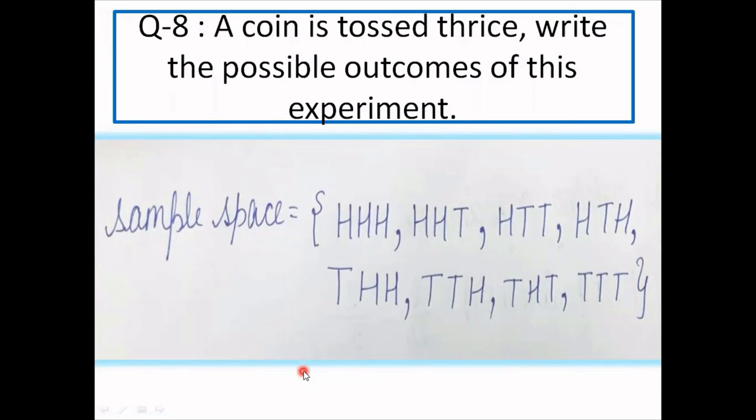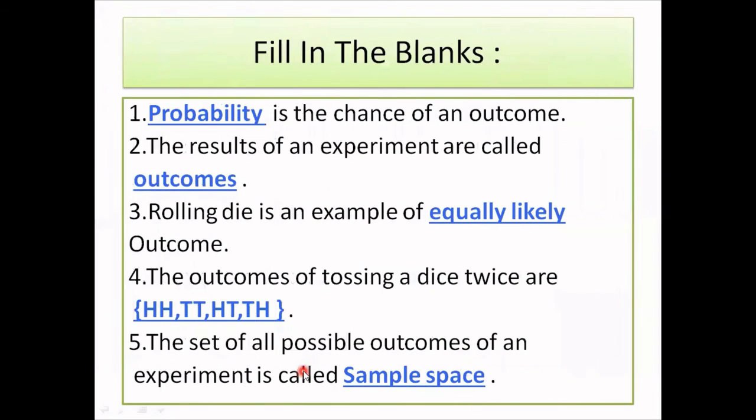So now we have completed the chapter's questions. Now let's do a short summary by filling the blanks. First, probability is a chance of an outcome. Second, the results of an experiment are called its outcomes. Third, rolling a die is an example of equally likely outcomes.